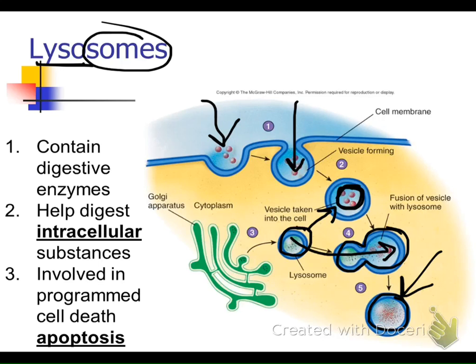Are they using that then? I mean, what's the purpose of the breakdown? Obviously it's quick in this picture, but. Let's say this is an immune cell, and it just gobbled up a bacterium. Now, the purpose of that lysosome will be to destroy that bacterium or that parasite.